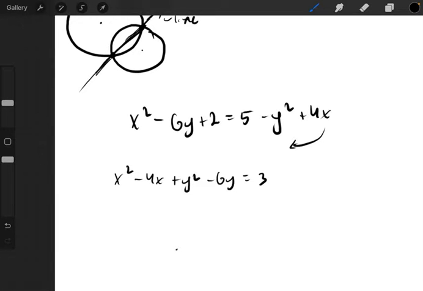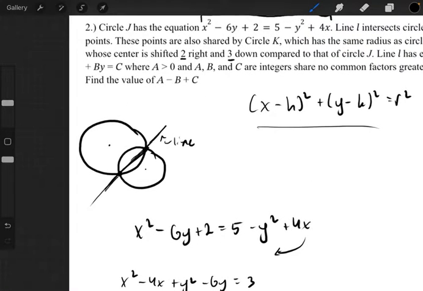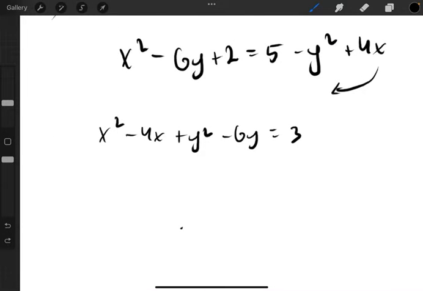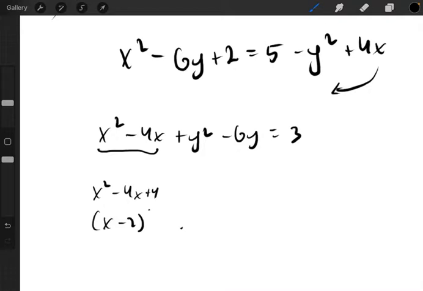Now, to get it into this form, we are going to complete the square. First step is completing this guy. That's going to be plus 4 on both sides. X squared minus 4x plus 4, because this makes x minus 2 squared.